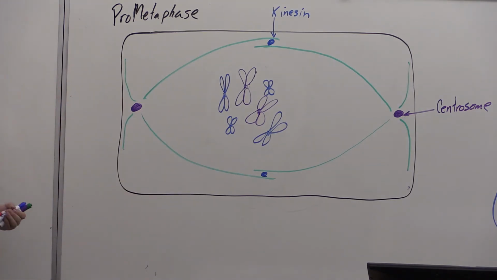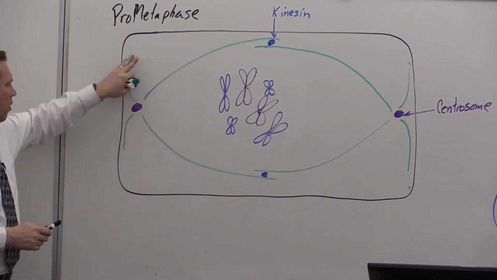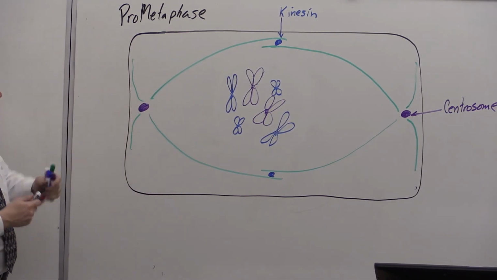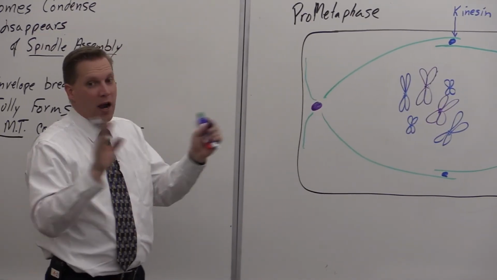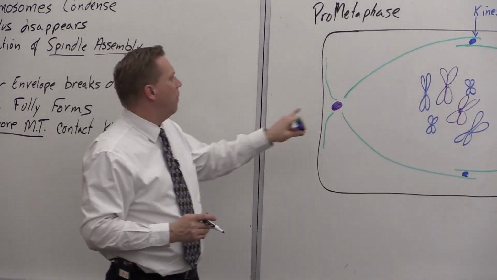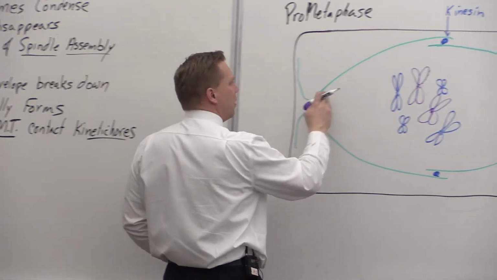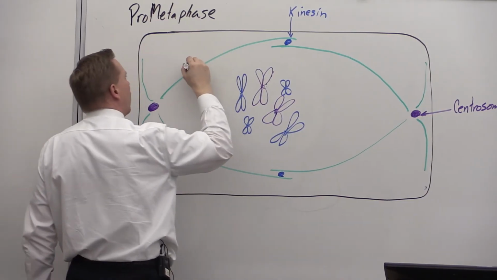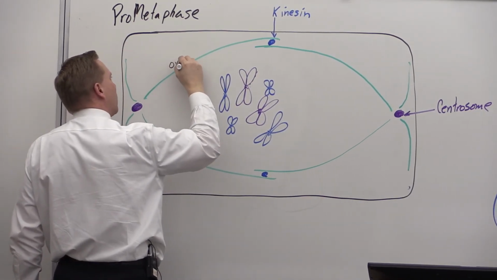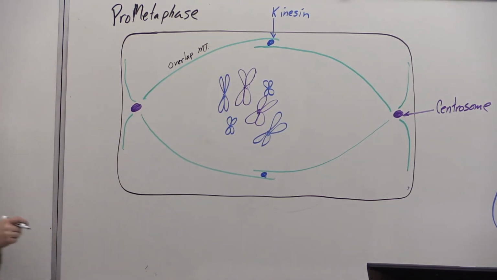Now, right here, we have microtubules coming out of the centrosomes on either pole. We start to be able to name them at this point. They're all microtubules, all made out of tubulin. But depending on what they're attached to, they have different names. These microtubules that have kinesin and are pushing apart each other are called overlap microtubules, or sometimes non-kinetochore microtubules.